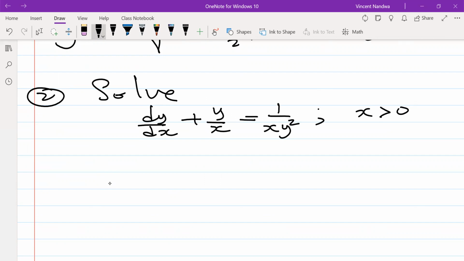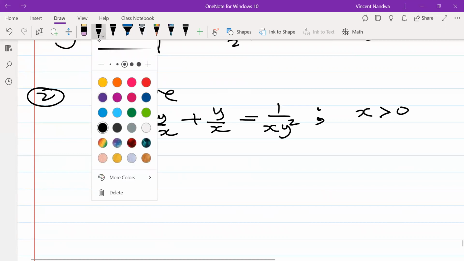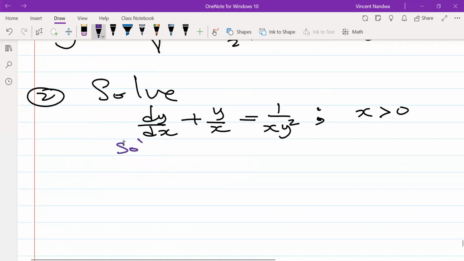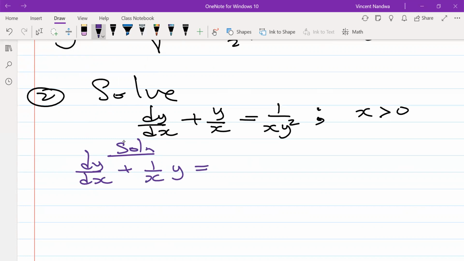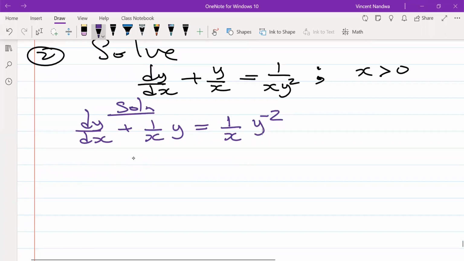X is strictly positive. So we rewrite this in standard form and see that we'll have dy dx plus 1 over x y equals to 1 over x y power minus 2. So which is Bernoulli with n equals to minus 2.